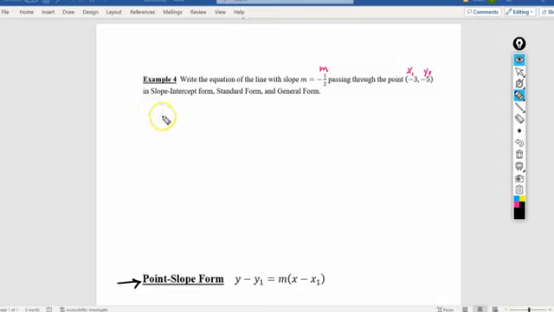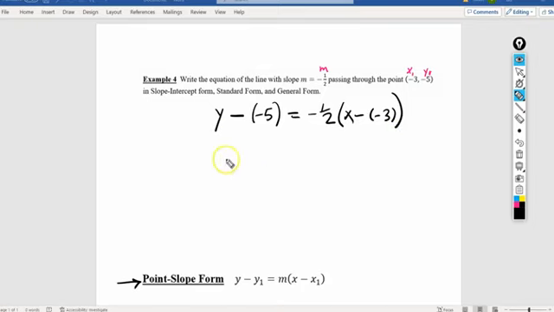So we're going to have y minus y1 is equal to m times, in parentheses, x minus x1, our x coordinate.